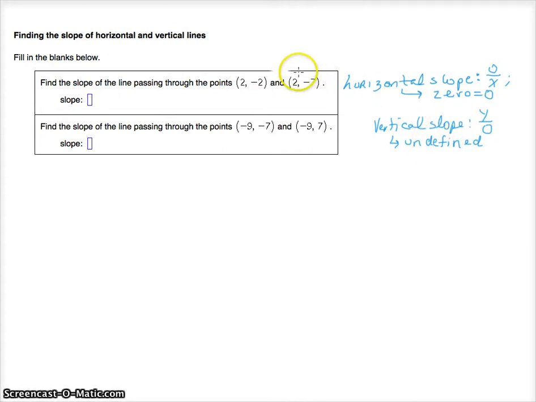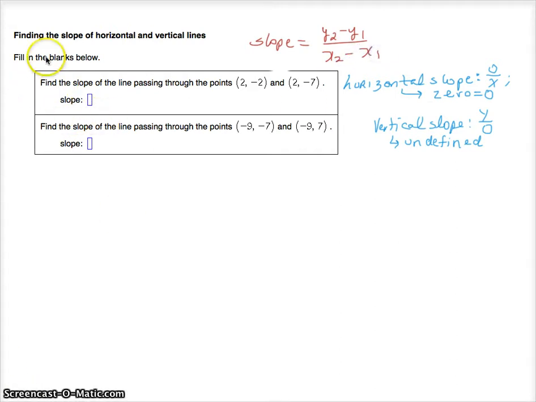And then we're also going to use the formula to solve this. M, or slope, equals y2 minus y1 over x2 minus x1.